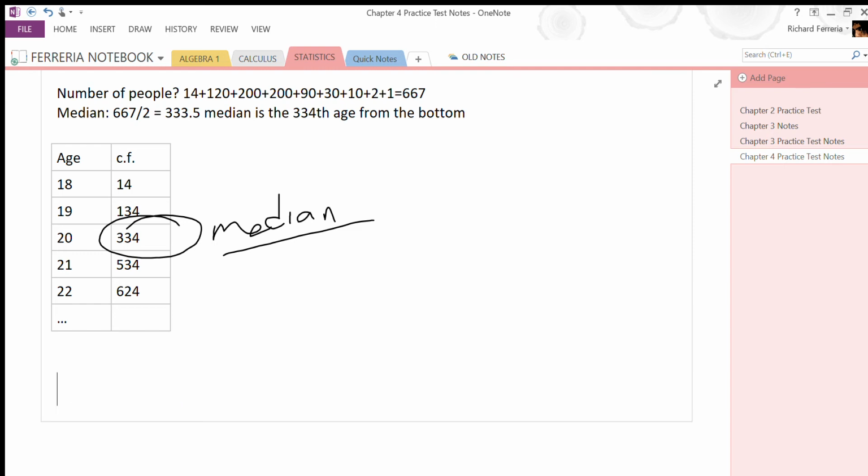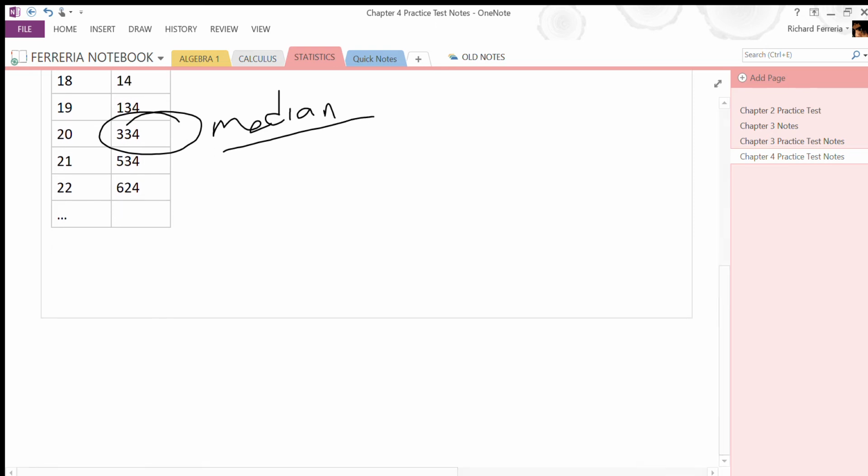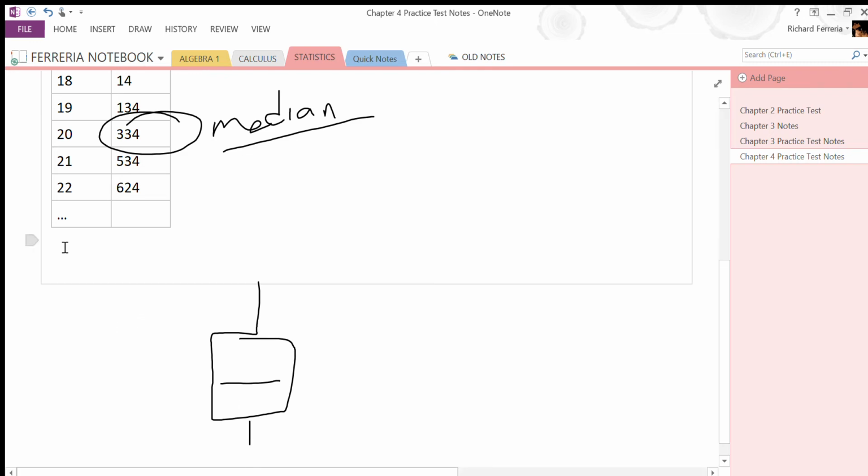Number 10, number 11. We have 20 employees, so the box plot of salaries looks like this. Let's just draw it.